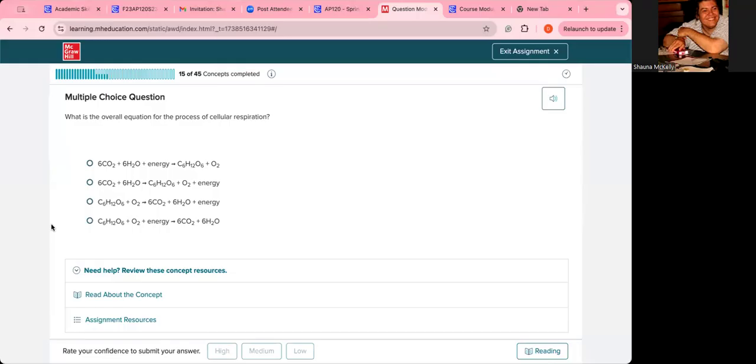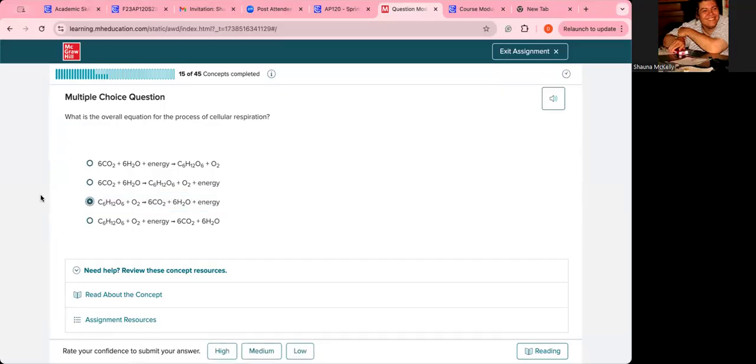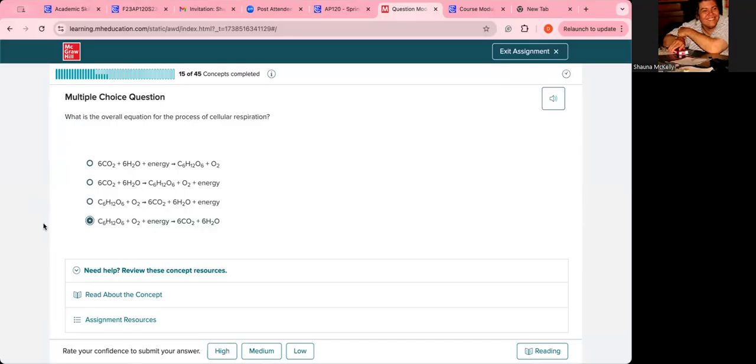So glucose plus oxygen, yeah. Glucose plus, okay, wait a minute. You need glucose plus oxygen plus energy. It's the bottom one. Glucose plus oxygen plus energy, because the reason it's not the third one is because you only have glucose.